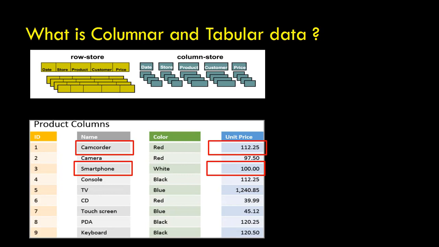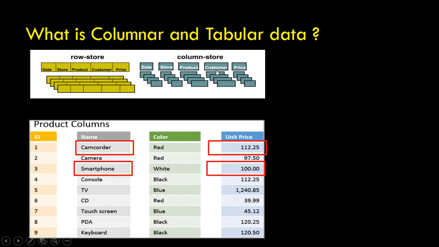For example, Apache Cassandra, HBase, MongoDB, MarkLogic. These are NoSQL databases. In these, they store each column separately. Those are called columnar databases. The idea is pretty simple.